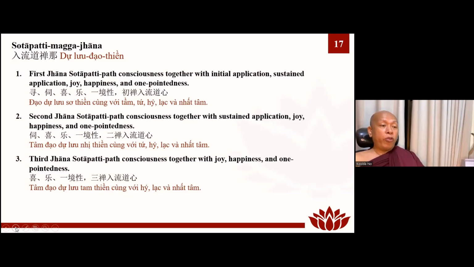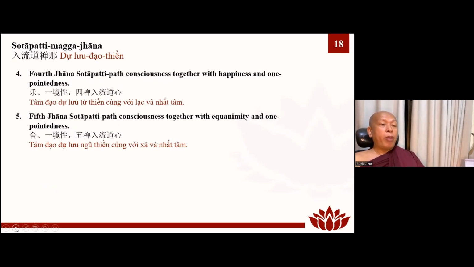The fourth jhana, together with happiness and one-pointedness. The fifth jhana, together with equanimity and one-pointedness. These are called 5 jhanas associated with Sotapatti Magga. Similarly, Sakadagami, Anagami, Arahats.